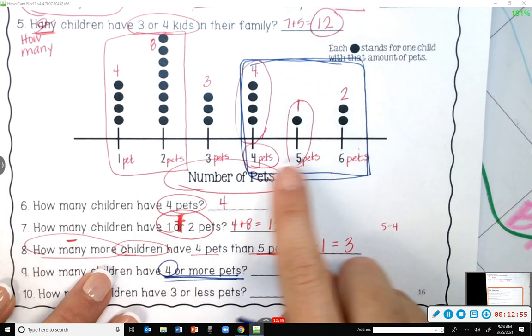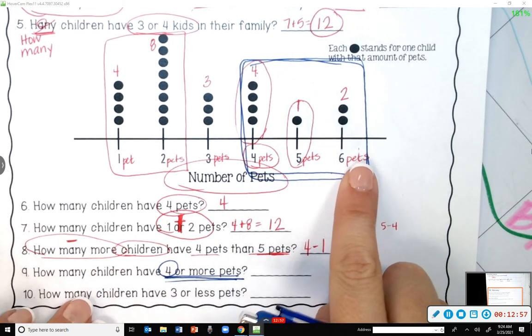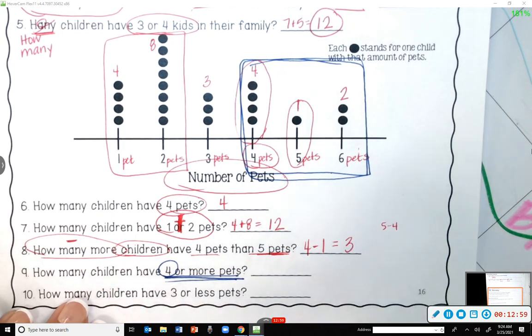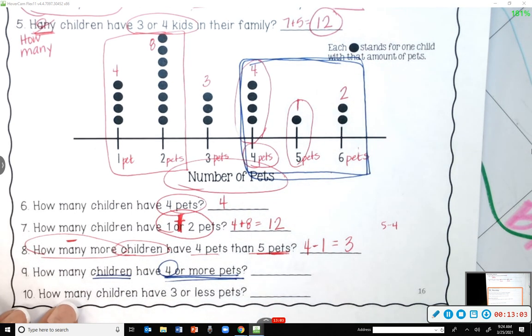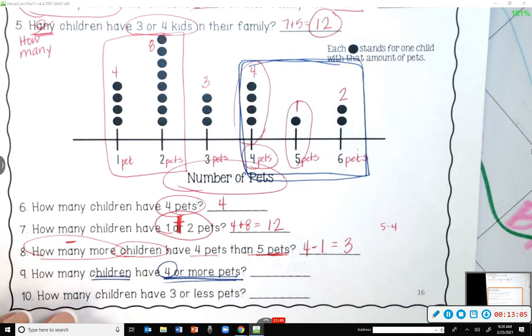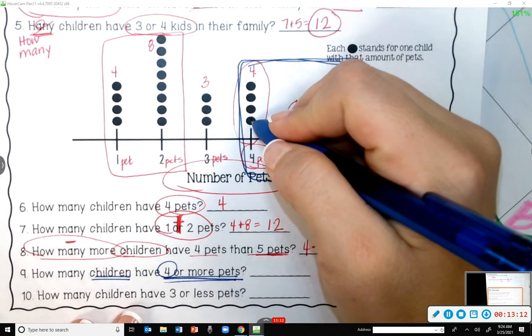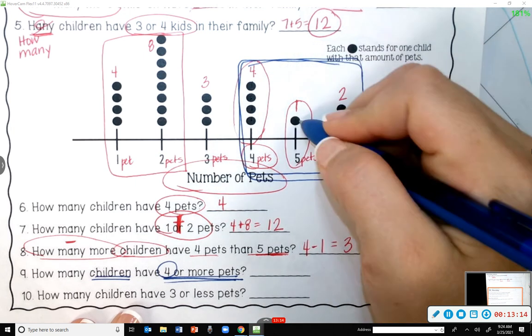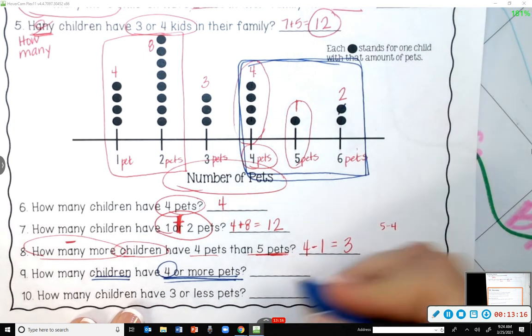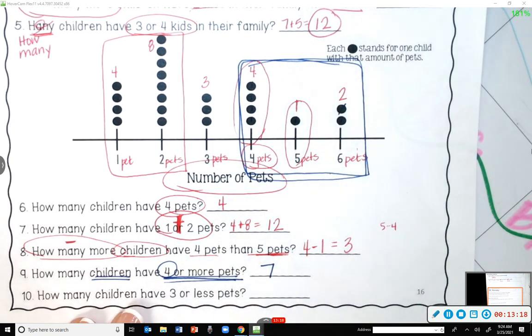We don't just write 4, 5, and 6. We need to actually go back and count the children. How many children? Okay? Well, what do we need to count to know how many children there are? Aaliyah? The dots. So there's 1, 2, 3, 4, 5, 6, 7. So number 9, we should have got 7.